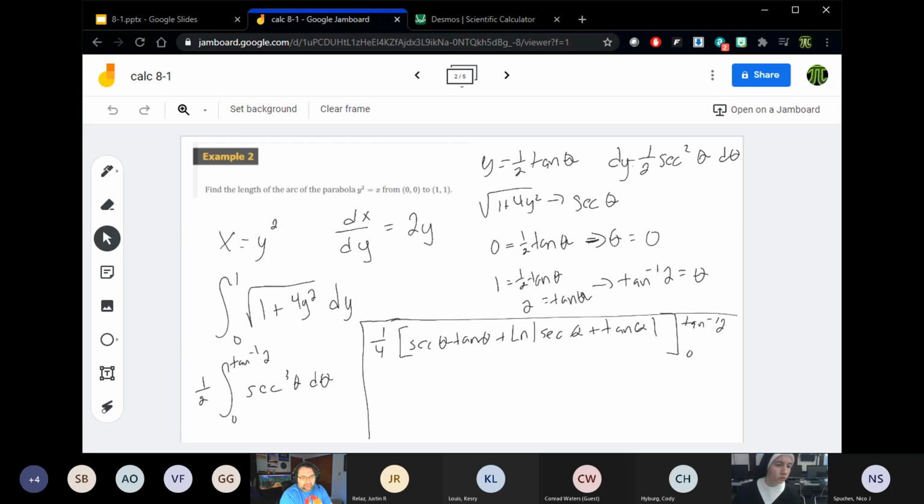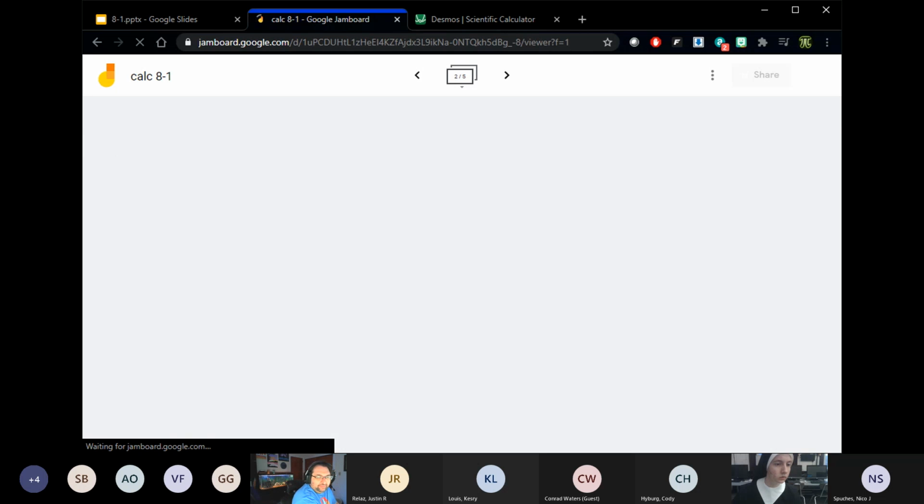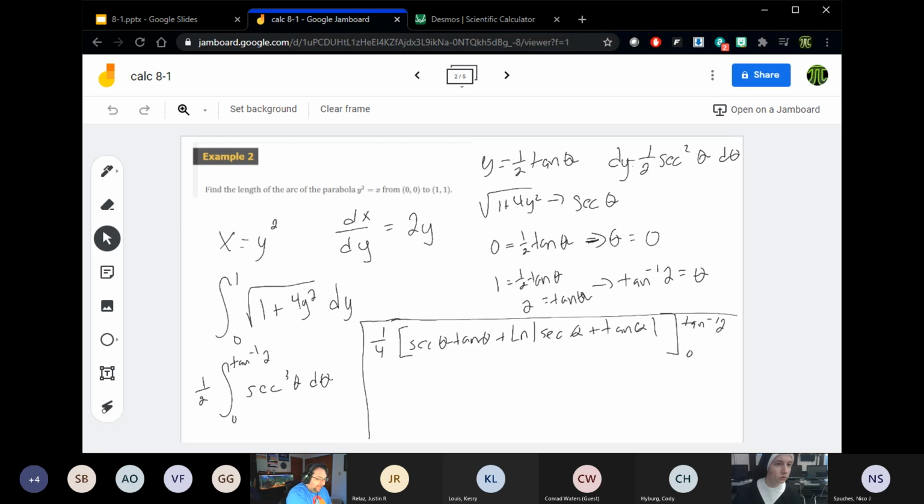All right. So we're plugging the values in. We're looking for tangent of theta, and I know tangent of theta when I'm plugging in. So I've got tangent theta equals 2 for that part there.